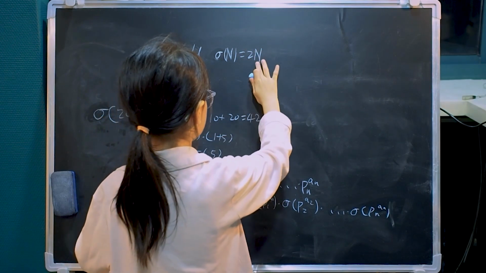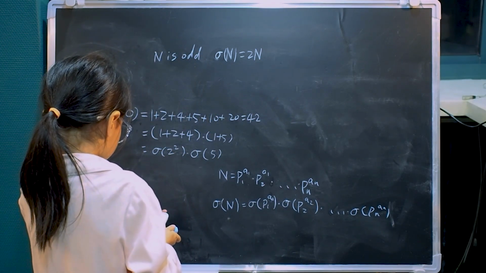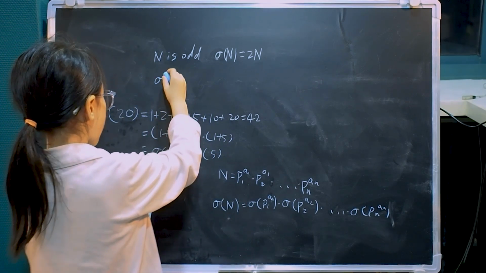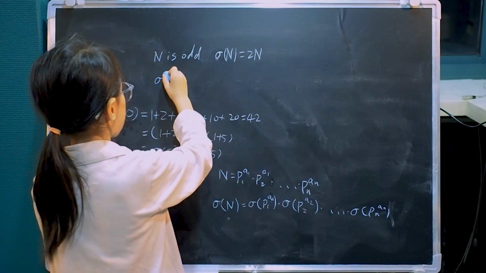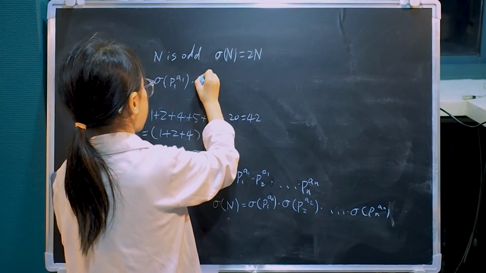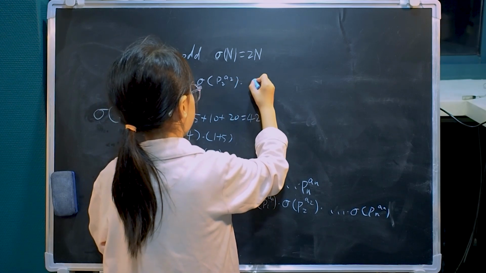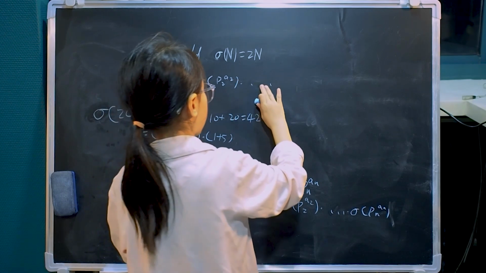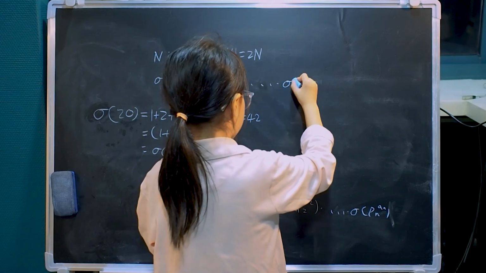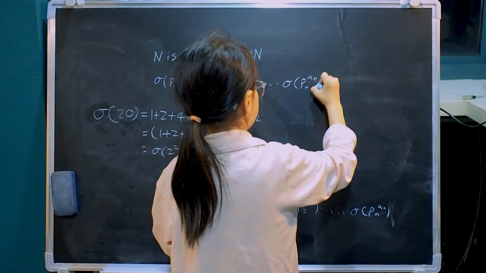So the sigma of p1 to the a1 times sigma of p2 to the a2 and times ... times sigma of pn to the an equals 2n.